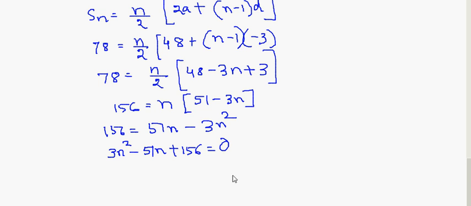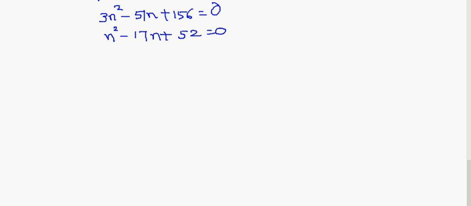I can reduce the whole equation by dividing it by 3, so that will give me n square minus 17n, and if I divide 156 by 3, I'll get 52. Now we'll simply have to solve this quadratic equation to find the values of n. n square minus 13n minus 4n plus 52 is 0, so n is n minus 13.